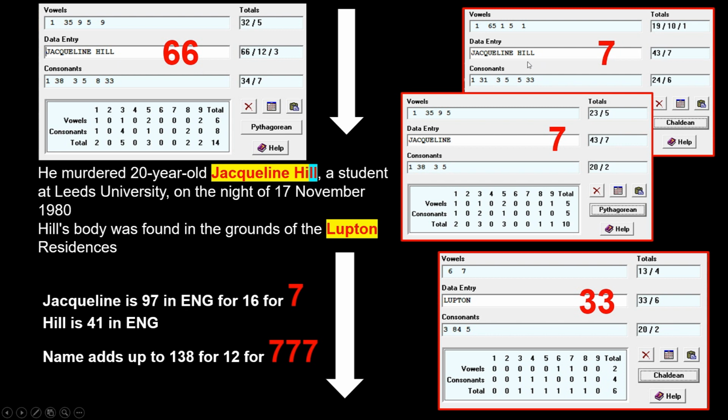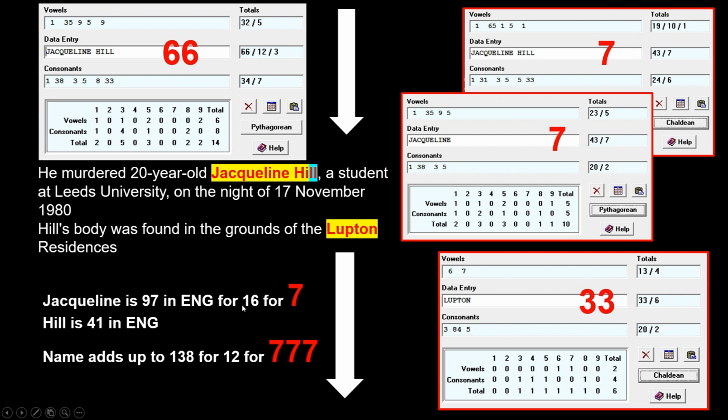Seen that a lot. Jacqueline Hill in Chaldean is 43 for a 7. Jacqueline's 43 for a 7 in Pythagorean. And Hill's body was found in the grounds of Lupton Residences. Now, Lupton is 33 in Chaldean numerology for masonry.